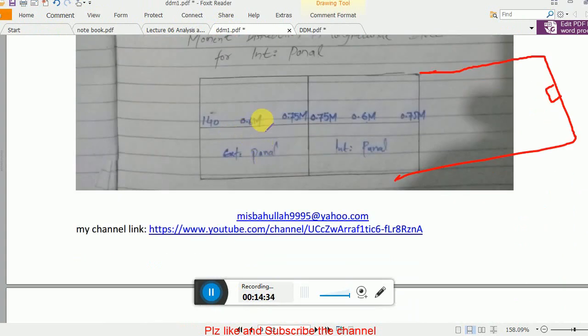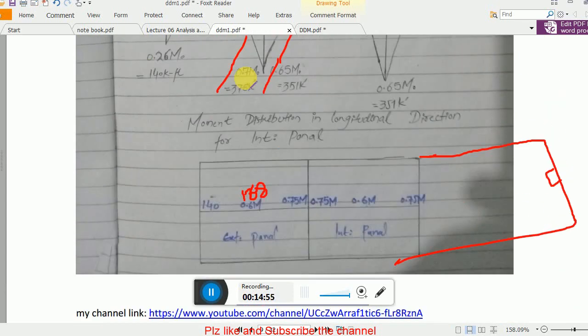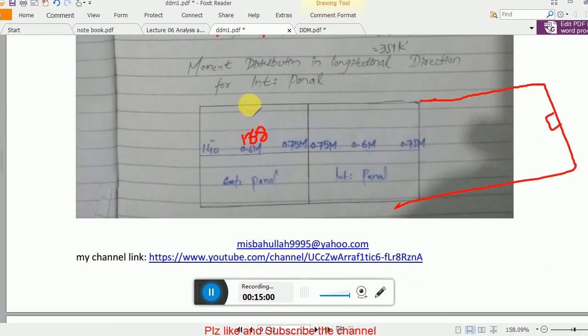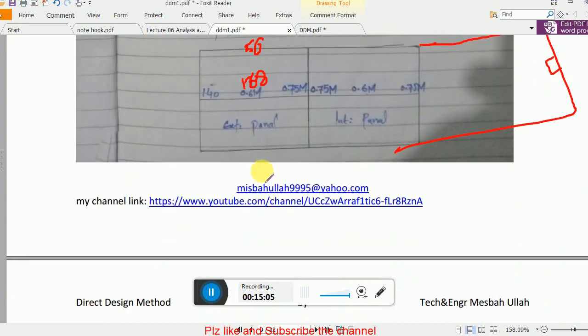Let me show you, 0.6 times 281, that is 168. 168 will be here, and 20% will be here. 20% times 281, that is 56. So 56 will be here, and 56 will be here. This will be clear.